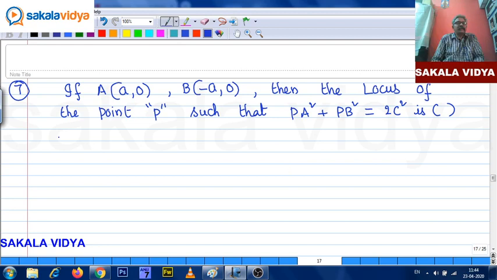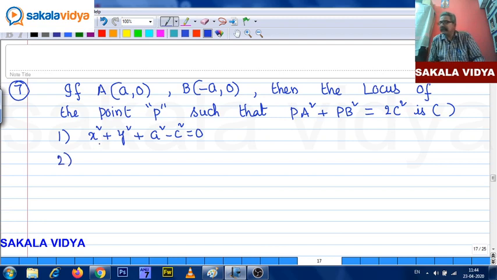First option: x square plus y square plus a square minus c square is equal to 0. Second option: x square plus y square plus a square plus c square is equal to 0.